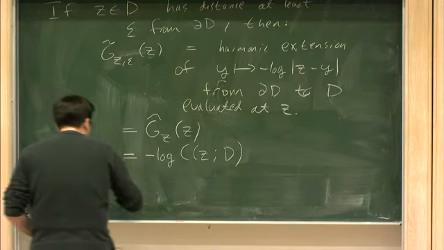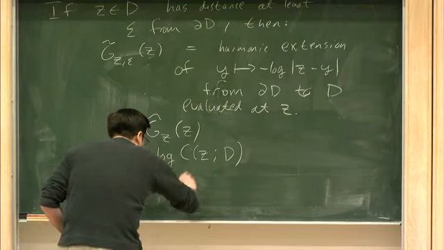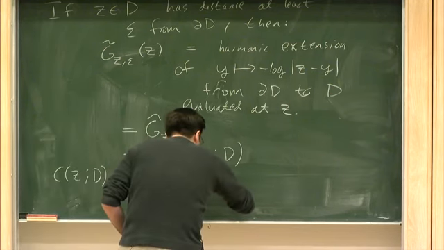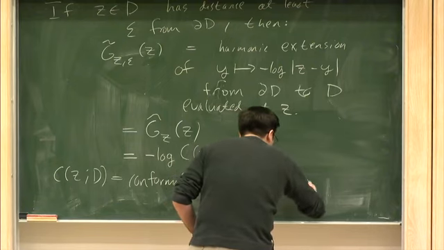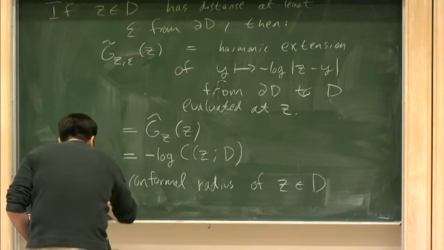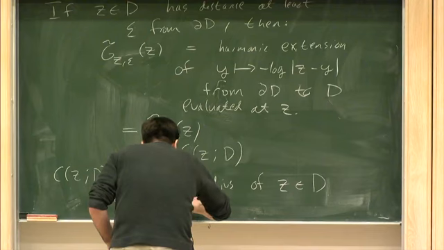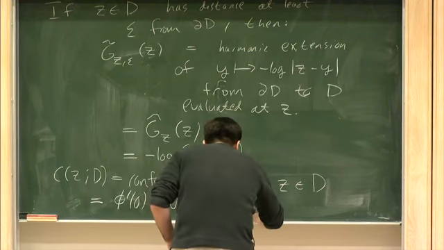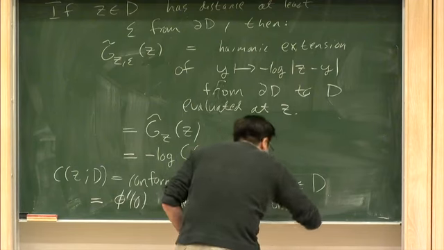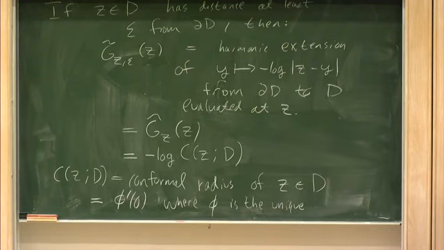The conformal radius of z in D, which I'm going to write using this notation, is equal to phi prime of 0, where phi is the unique conformal map which goes from the unit disk to D with phi of 0 equal to z and phi prime of 0 positive.